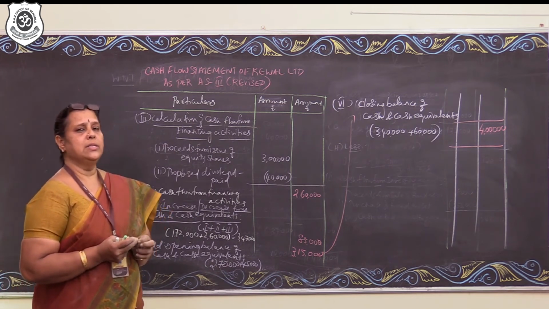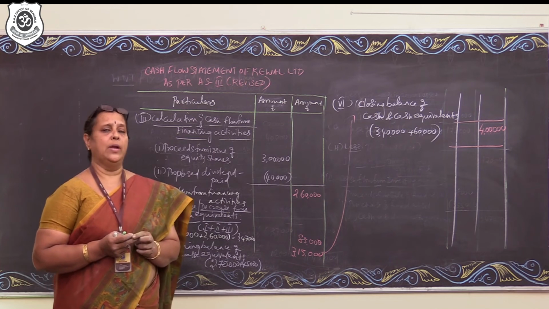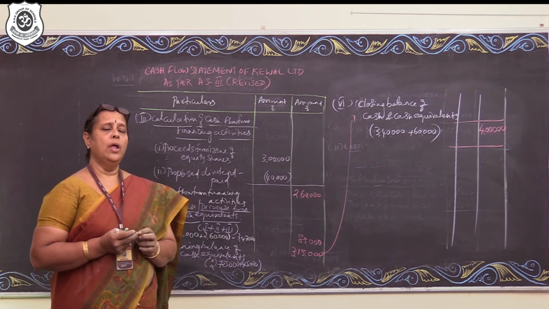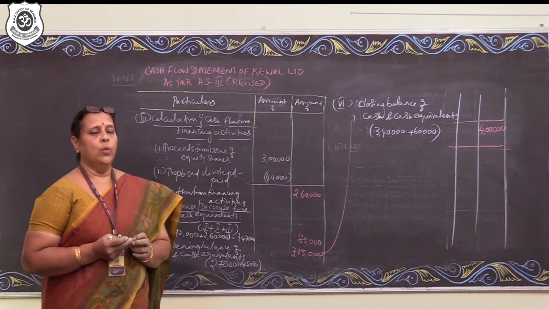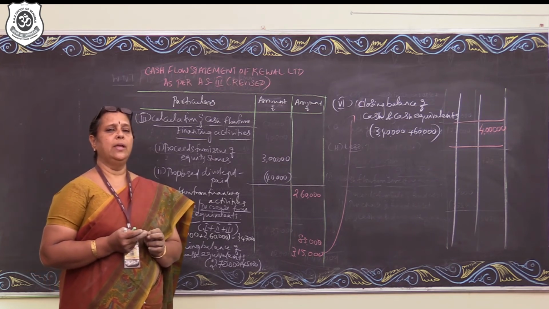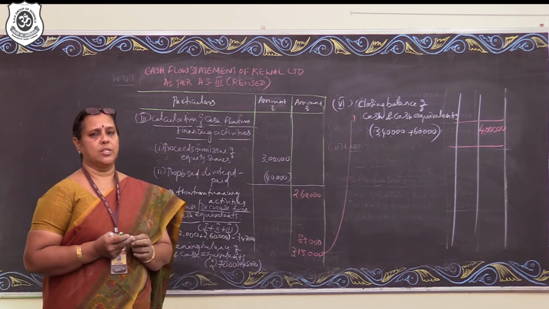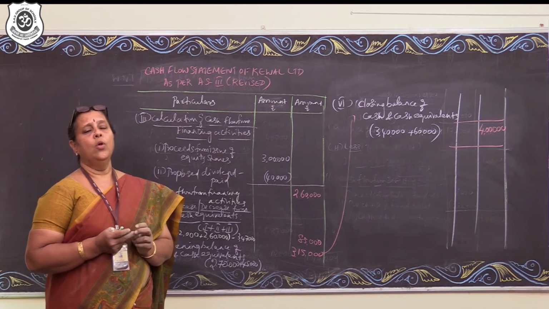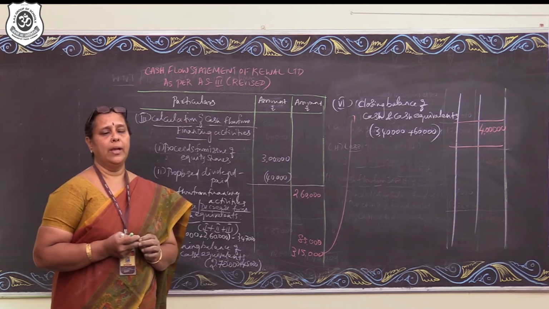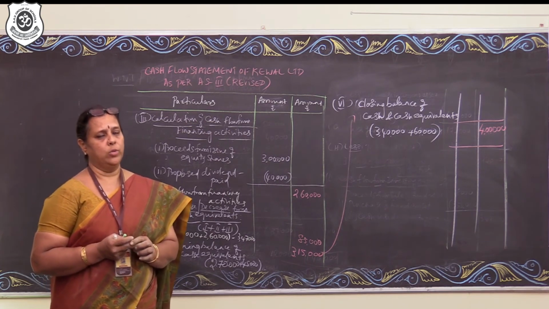Only one increase in current asset, which was inventory, by 25,000 rupees. We got cash generated from operations to be 1,72,000. With that, we try to subtract the tax paid, that is the net of tax paid. This problem, we did not have tax at all. Therefore, we got cash flow from operating activities to be 1,72,000.